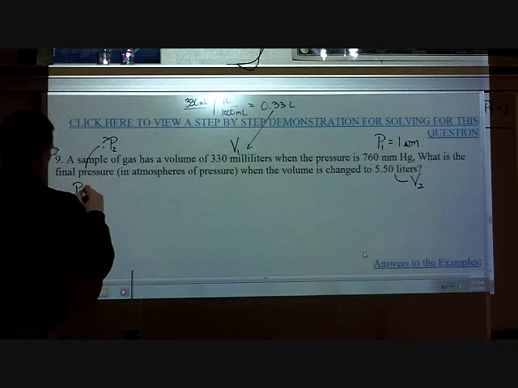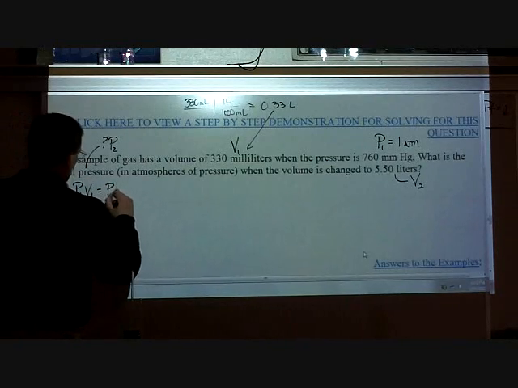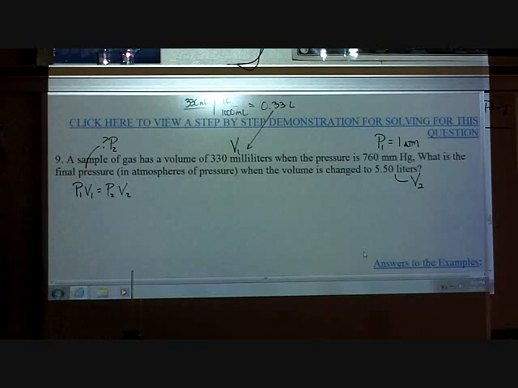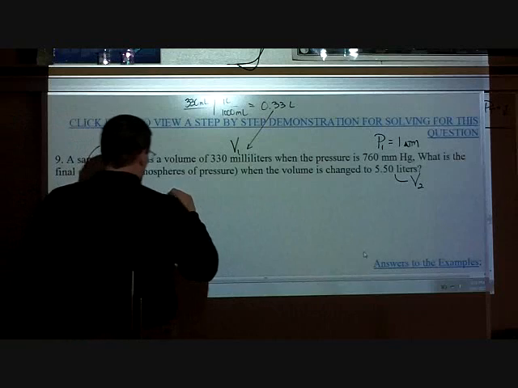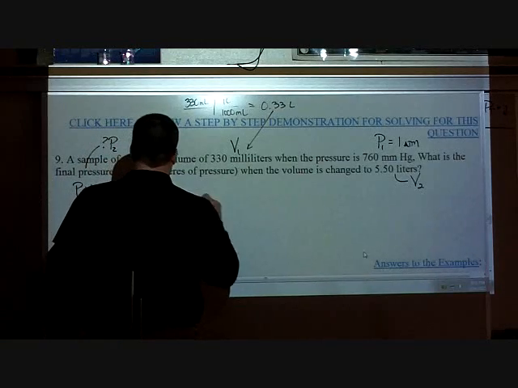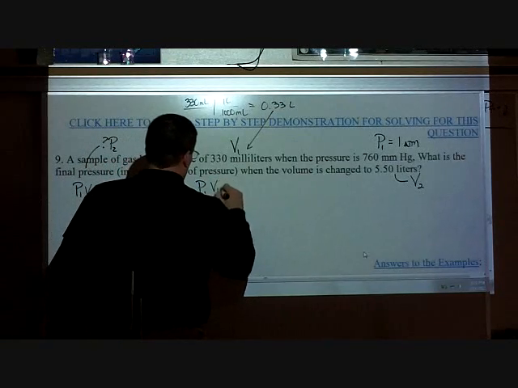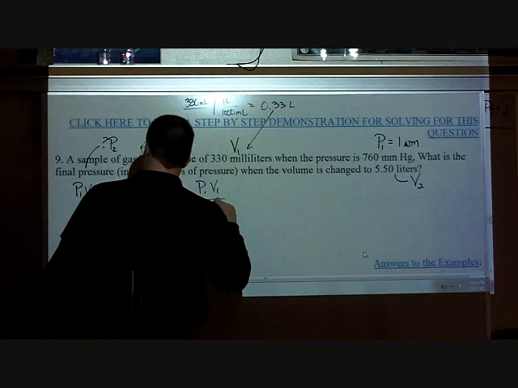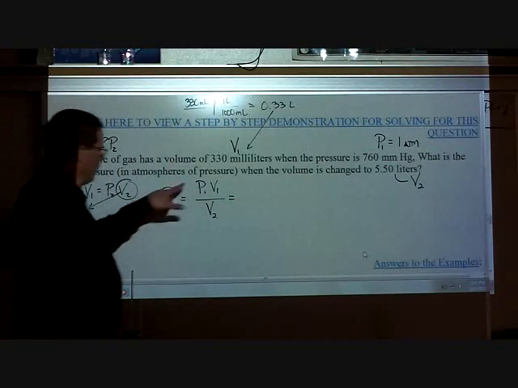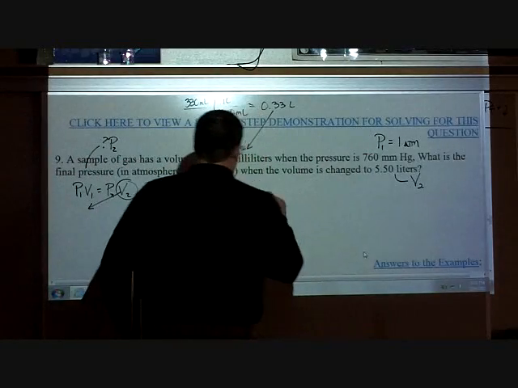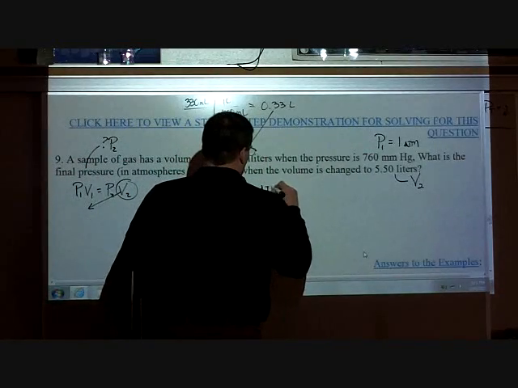All right, so we have P1 V1 is equal to P2 V2. So what variable are we looking for? You're looking for that one. P2. So we'll divide by V2 on both sides. So P2 is equal to P1 times V1 over V2. And again, our pressure that we already converted wisely is 1 atmosphere.